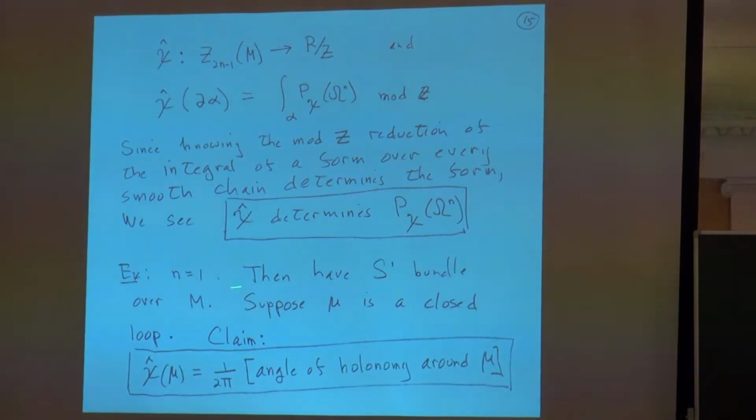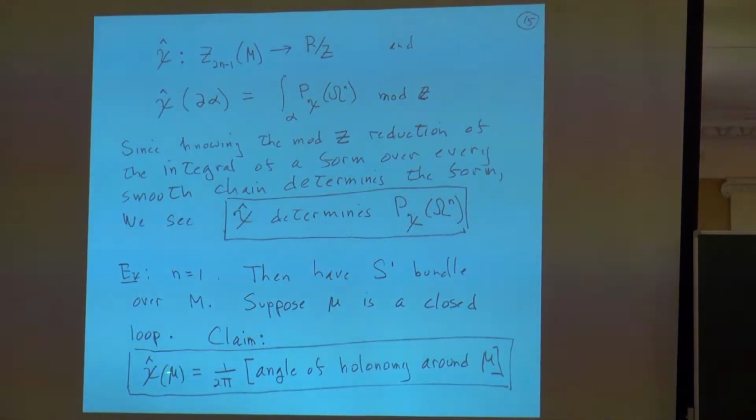n equals 1. I have an S1 bundle over M, and the S1 bundle has a connection and so on. It's the sphere bundle of a two-dimensional Riemannian vector bundle over M. And now I'll take a closed loop, and I'm supposed to get a number. So what's the closed loop going to be? What's the answer going to be?